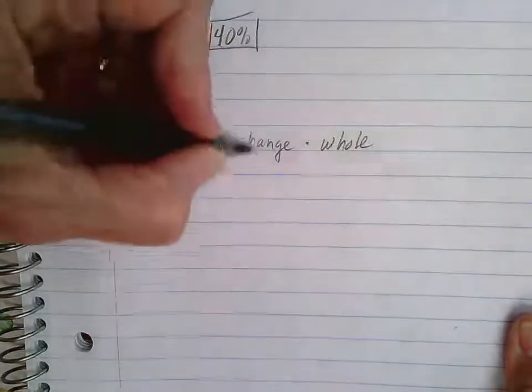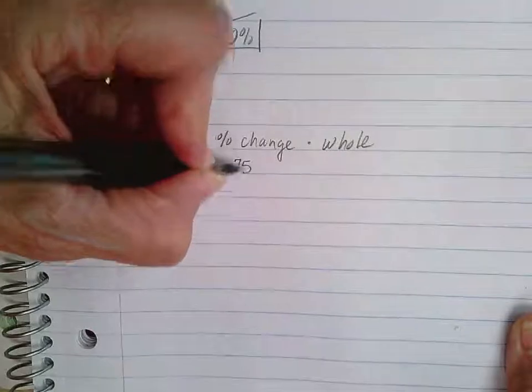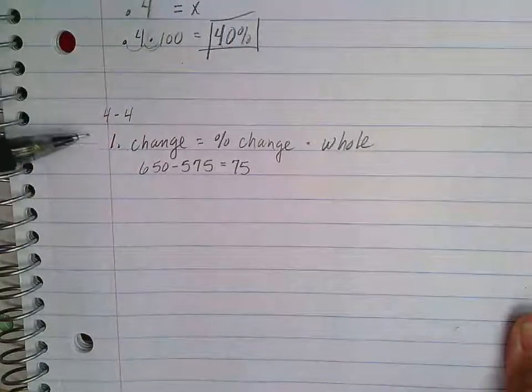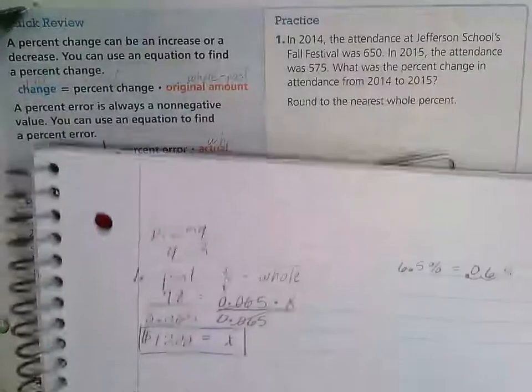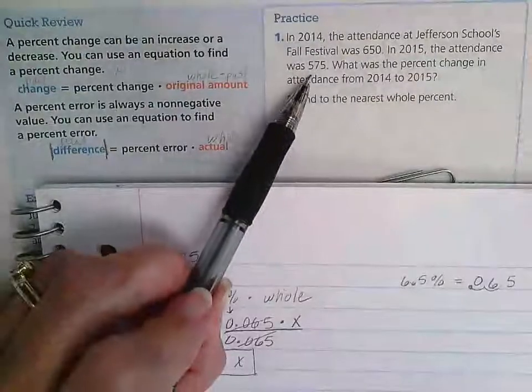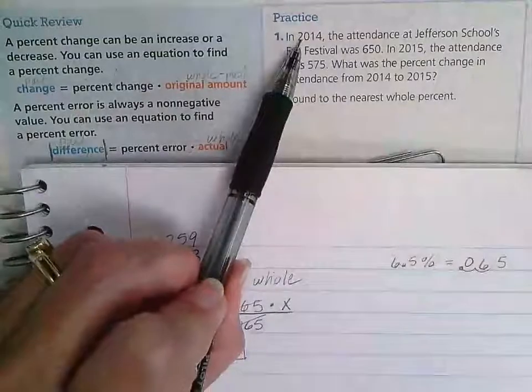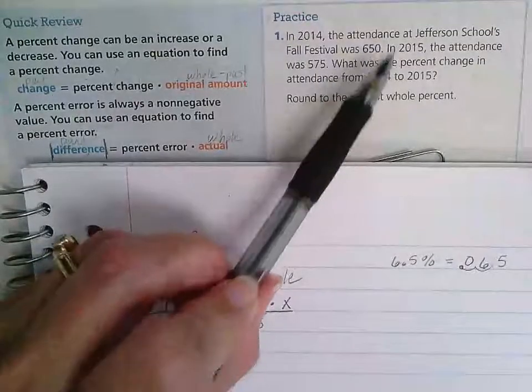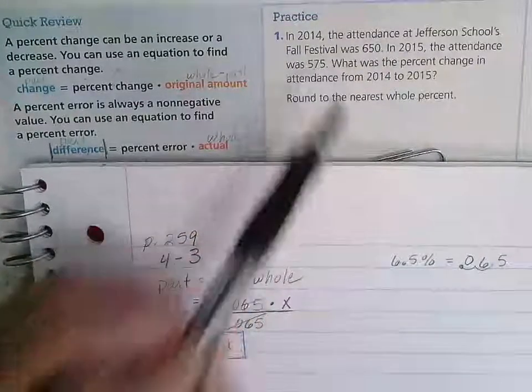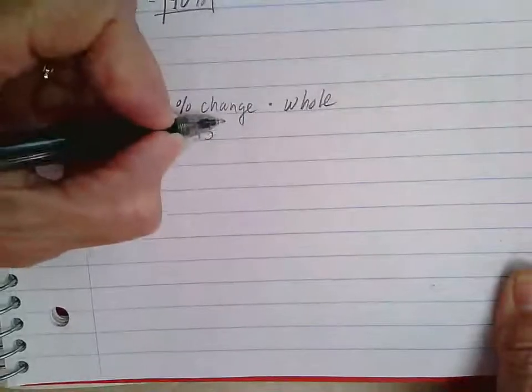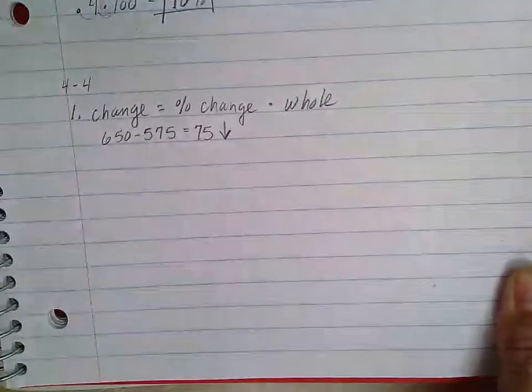And that is equal to 75. So it was a change of 75 people. And it looked like this was a decrease, because in 2014 it was 650 and in 2015 it went down to 575. So that's a decrease.